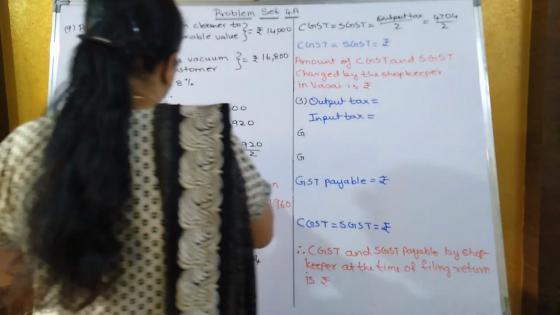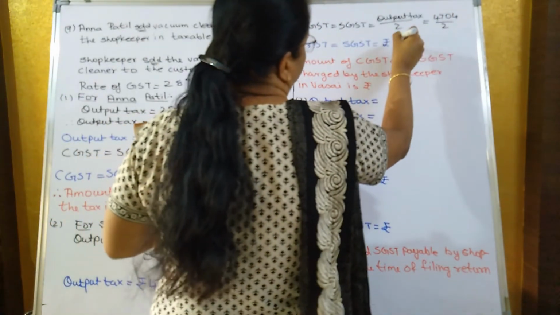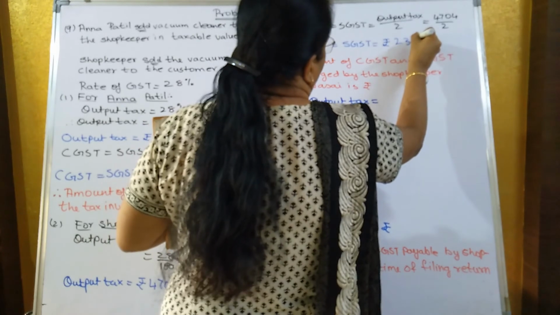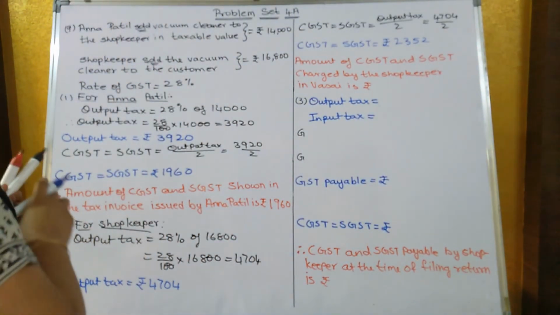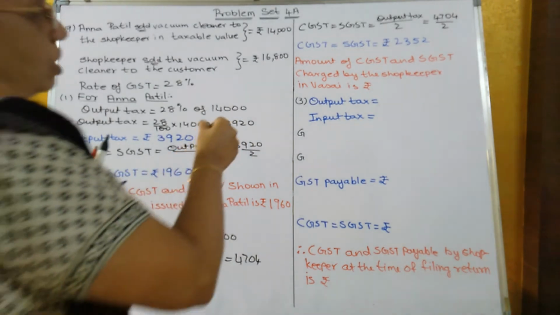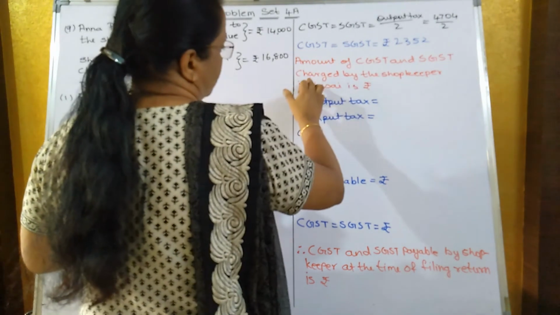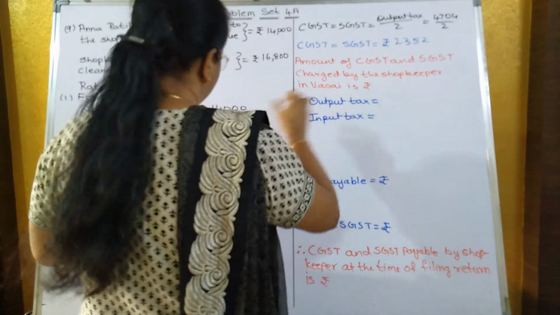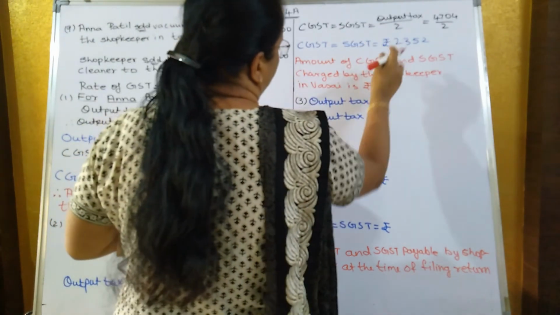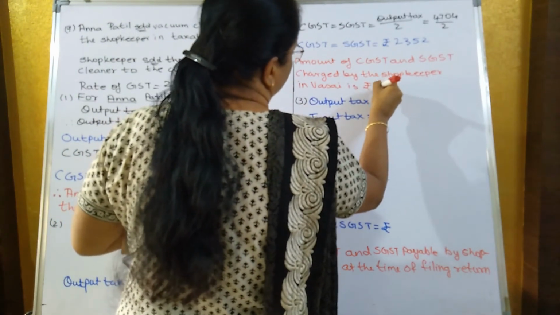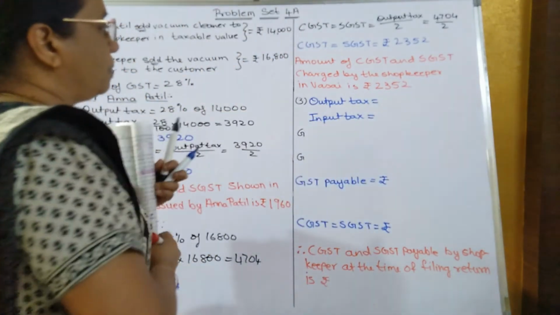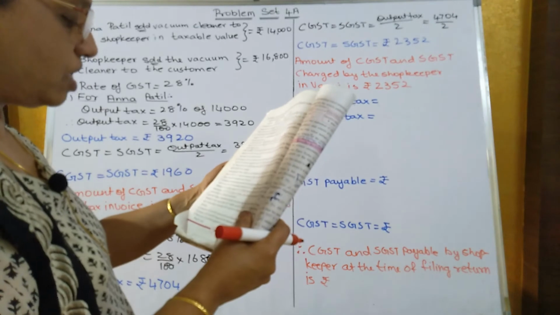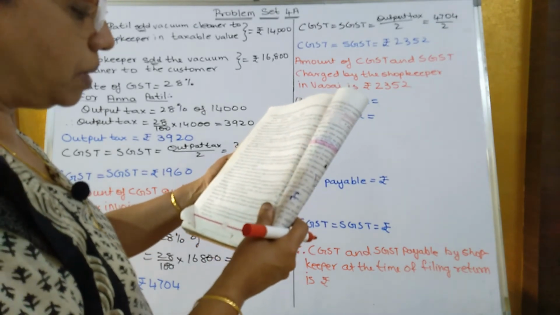So when you divide it by 2, what you get? 2,352. Now next one, so that is what is the amount of CGST and SGST charged by the shopkeeper in Vasai. That is equal to how much? Rupees 2,352. Now third one, they have asked what is the CGST and SGST payable by the shopkeeper in Vasai.